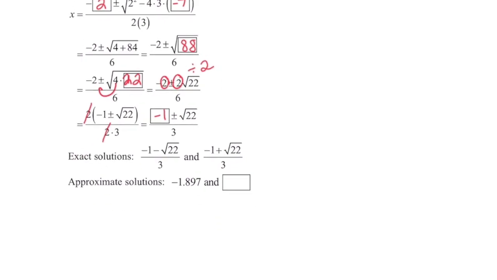Now our exact solutions are negative 1 minus square root 22 over 3 and negative 1 plus square root 22 over 3. These are the exact solutions, and our approximate solutions, plugging into a calculator, would provide us with negative 1.897 and 1.230.